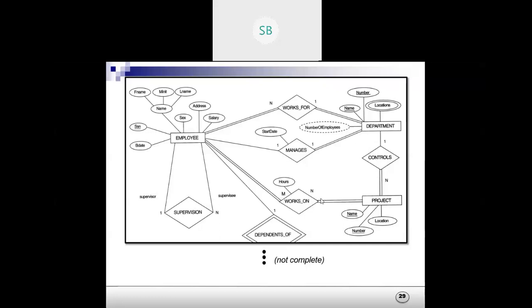Now you can see the relationship type name: employee works on project. Many employees can work on a single project. And if you go reverse also, many projects can be worked on by many employees. So that is why it is m:n.